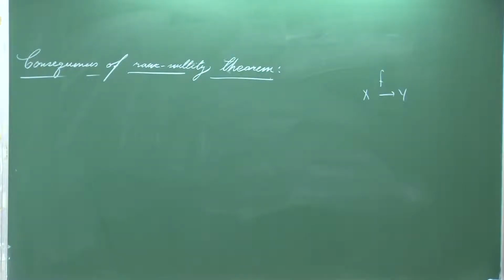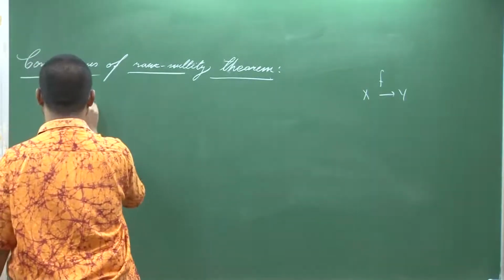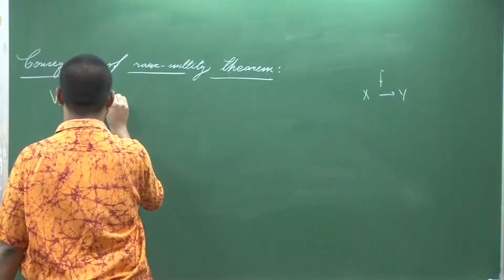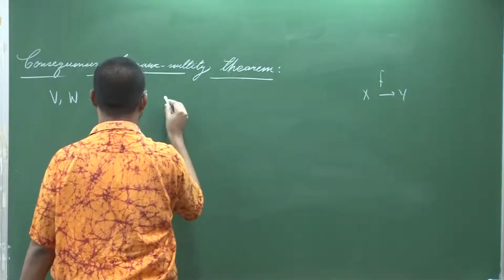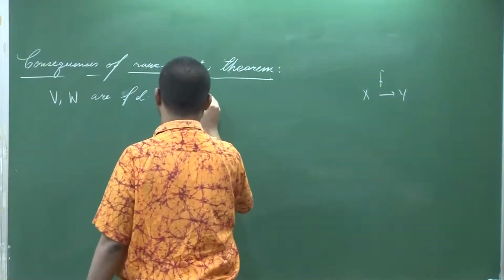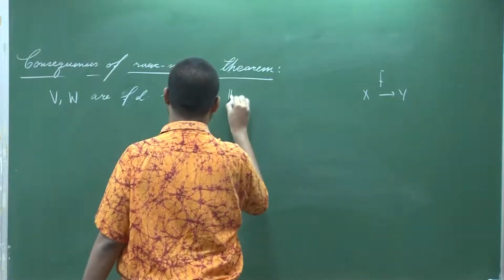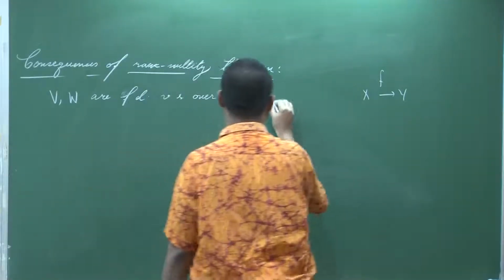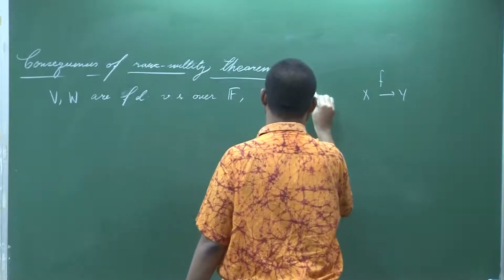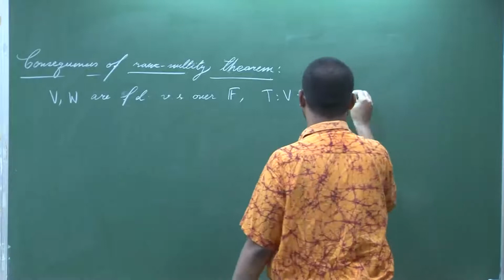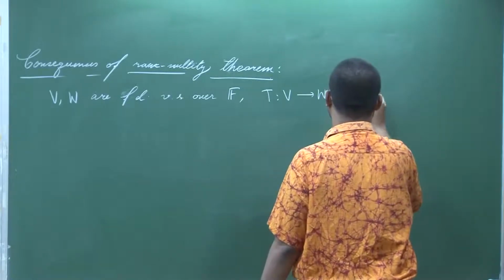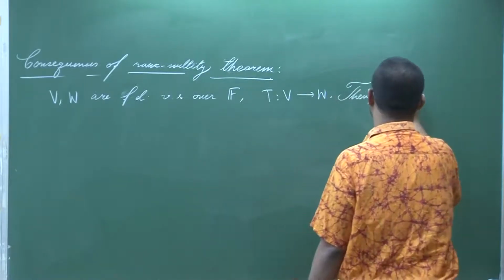Okay. So as expected, let V and W be finite dimensional vector spaces over F, and T be a linear transformation from V to W. So then the following are equivalent.